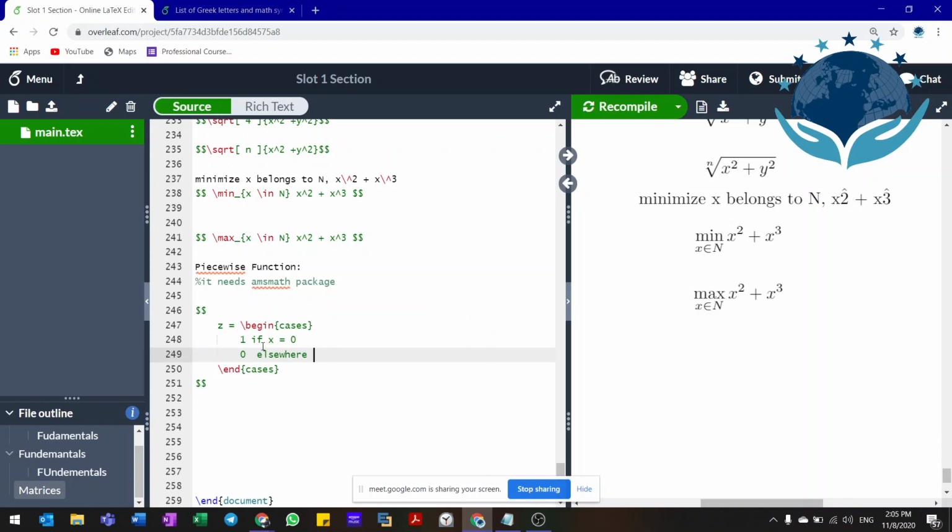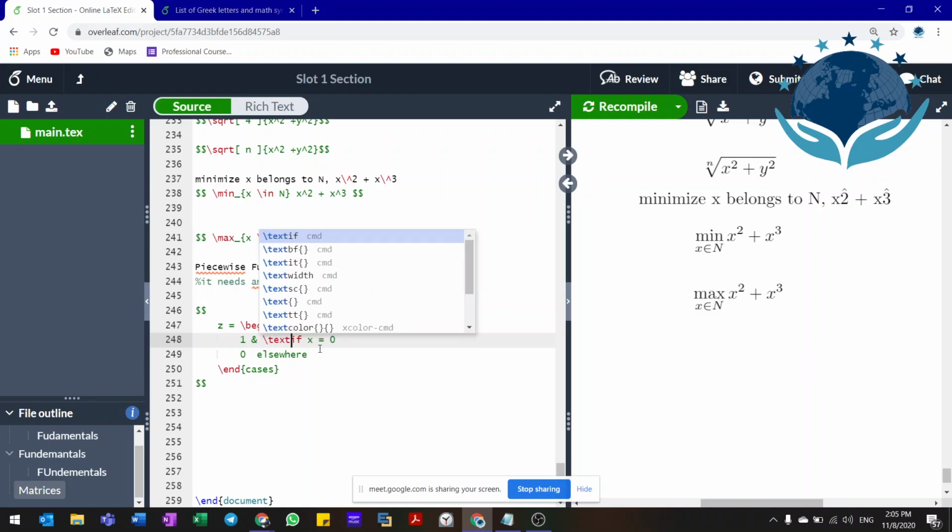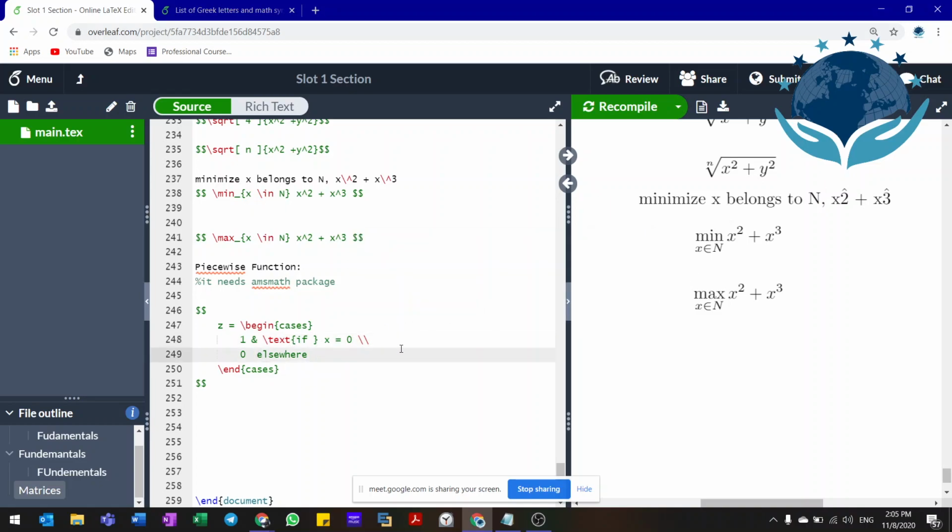Now the 1 and the if should be separated, so we are going to put an ampersand here. And this if x is equal to 0 should be printed in a textual manner, so I am going to use the text function. If will be in the text function followed by x is equal to 0. So the first line is ended, followed by the second line, which is going to be 0 ampersand, so the 0 and elsewhere will be separated.